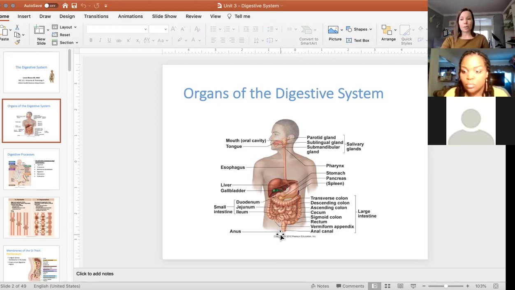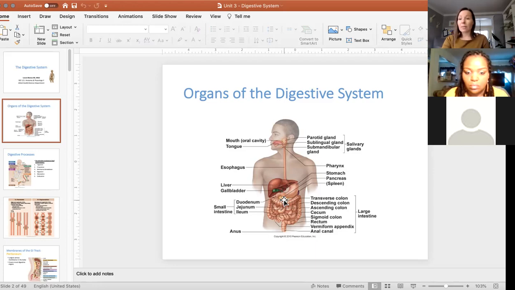There are other organs that are considered part of the digestive system, but food does not actually go into them. Food isn't passing through them. Food is only passing through the digestive tract, all the parts that I just went through. But there are other organs that contribute to digestion, like the liver, which is right here, the gallbladder shown in green, and the pancreas, which is a big one.